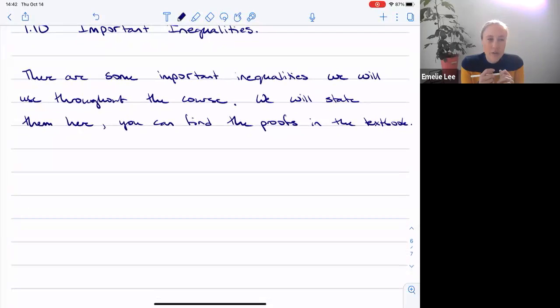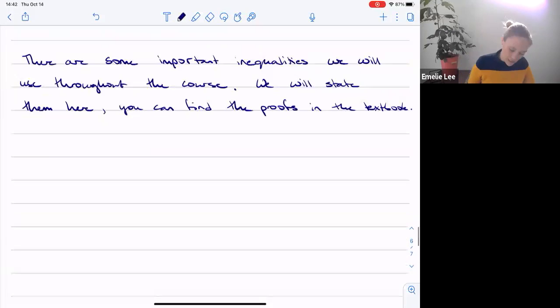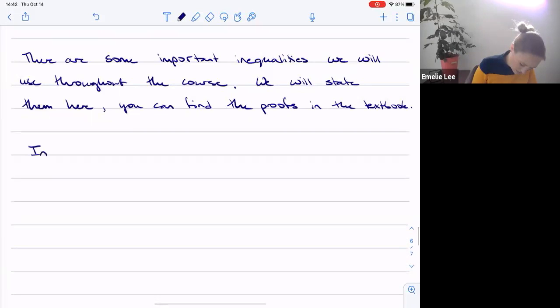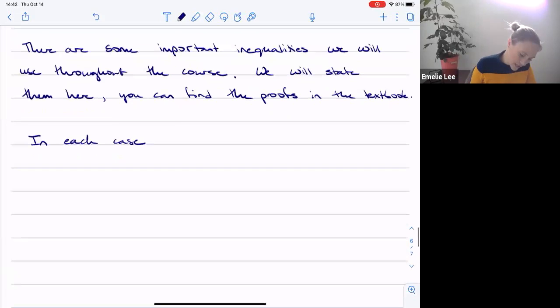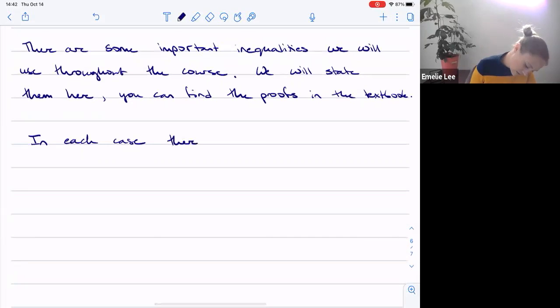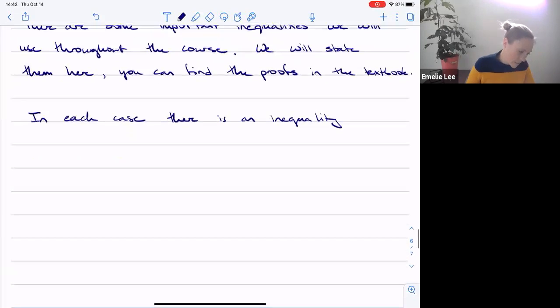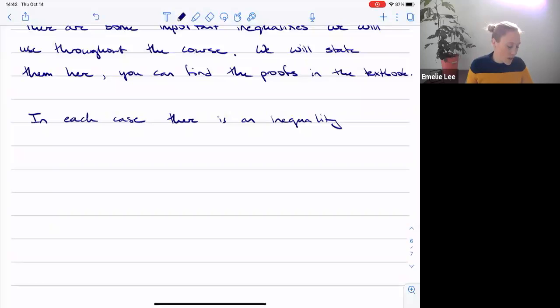So in general, we're going to be talking about the relationship between expected values. Okay, so in each case, there is an inequality relating to expectation values.